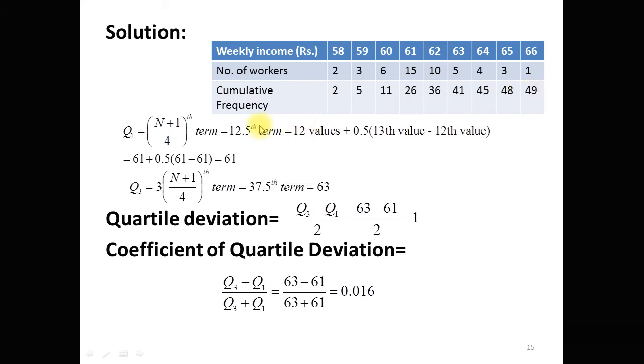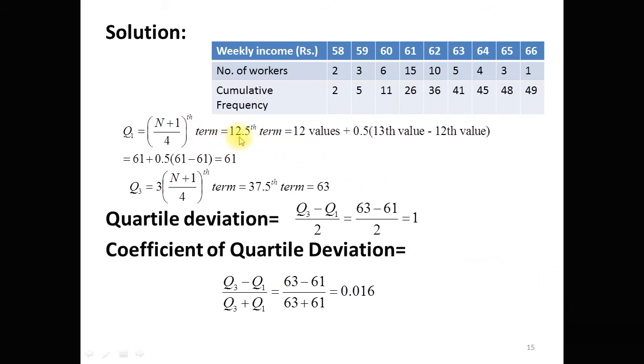Now you see over here, to find Q1, the first quartile, it is (n plus 1) divided by 4 term. So 49 plus 1 is 50, and 50 divided by 4 is equal to 12.5.